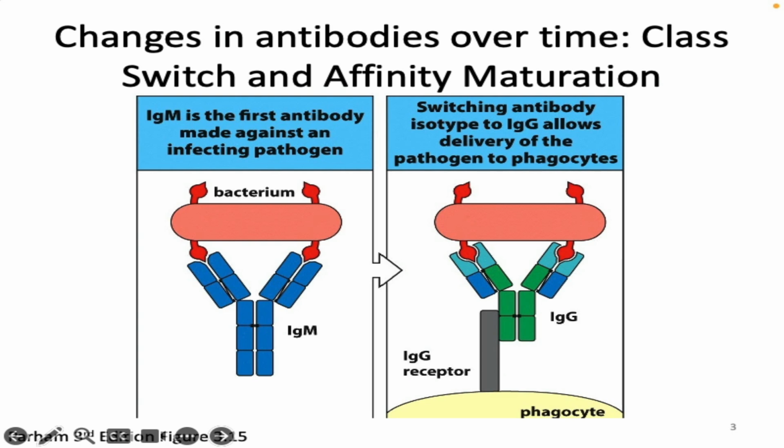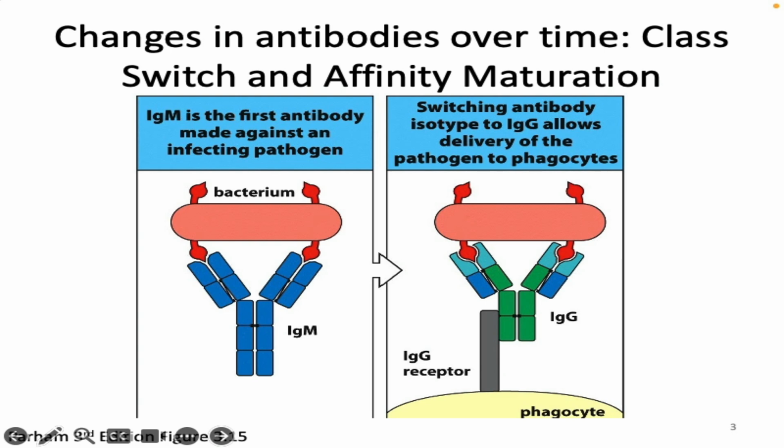One change that happens over time is that the antibody will actually have a change in its affinity for antigen. So you can see that our antibody will go from binding kind of okay to binding really well for a particular antigen. That's listed here as something called affinity maturation. But more importantly, for what we're talking about right now, the antibody can also switch which constant region is made.